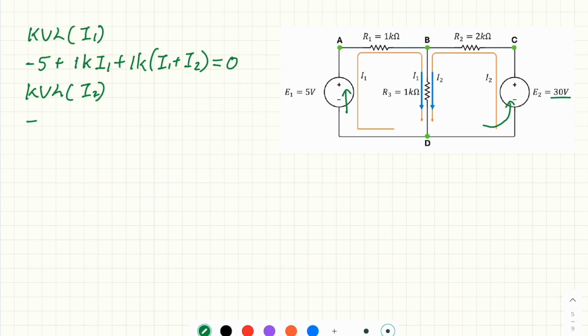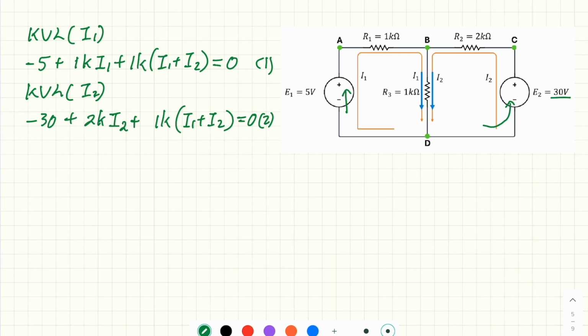So this is minus 30, and this is positive 2K I2 plus, this time I1 and I2 are in the same direction. So similarly, I1 plus I2 in brackets, and this is 1K, equal to 0. This is equation 1 and this is equation 2.